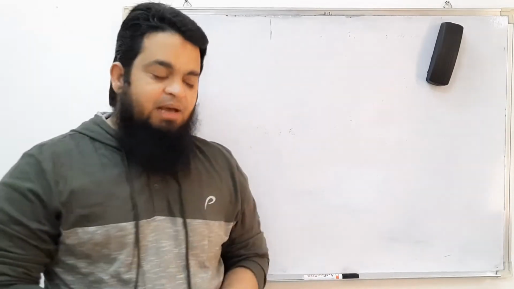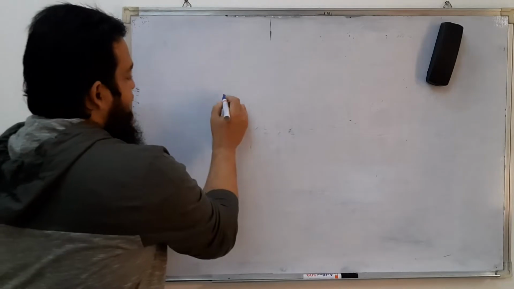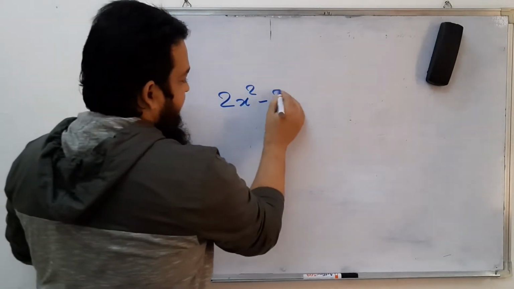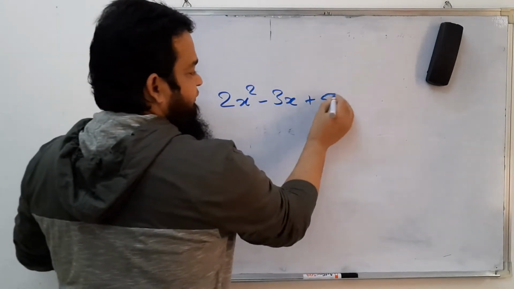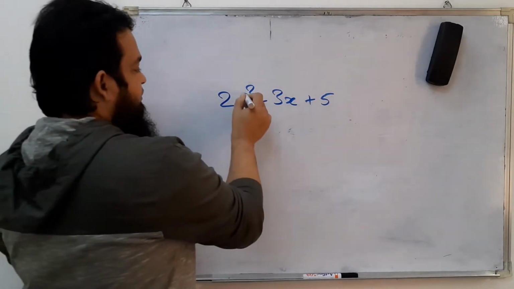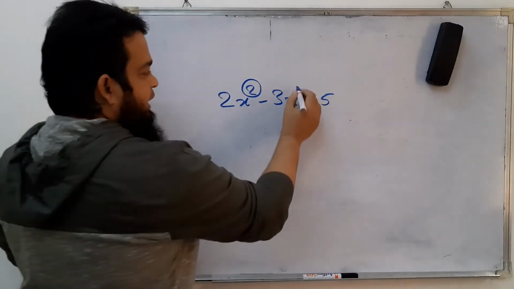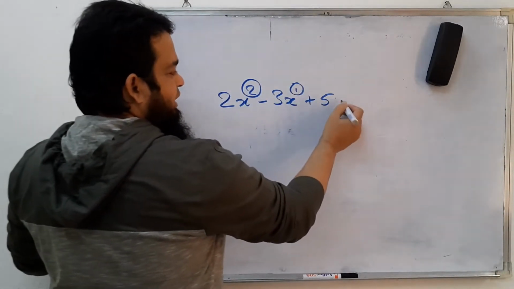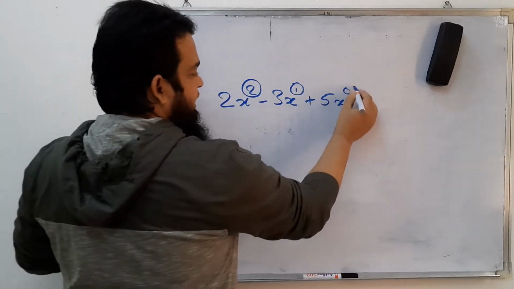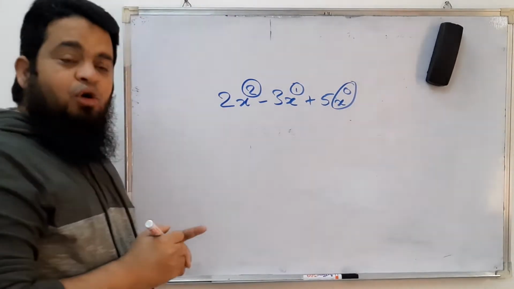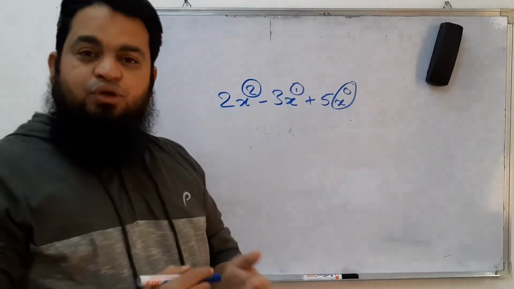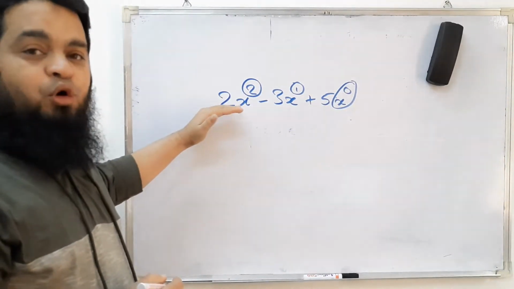For example, 2x square minus 3x plus 5. The power here is 2, here it is 1, and here it is 0, since you can write it as x to the power of 0. These are all whole numbers, so it is called a polynomial.